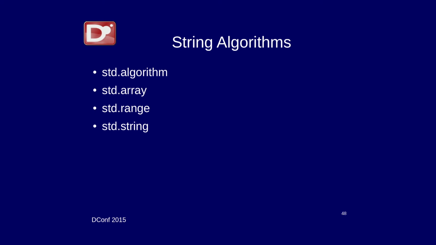But in particular, one thing to keep in mind, if you're looking for string algorithms, increasingly, our algorithms don't care about strings. They're generic, and so they either operate on arrays specifically or on ranges in general. So if you look in std.string for everything, you won't find things. There are a number of useful functions in std.string that are string specific that will do what you want, but algorithm, array, and range are frequently where you need to look.